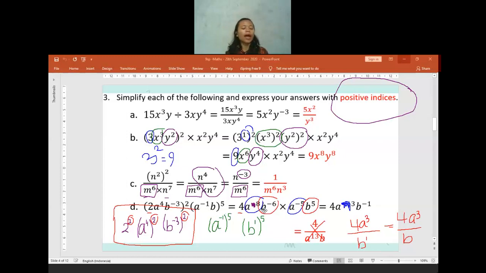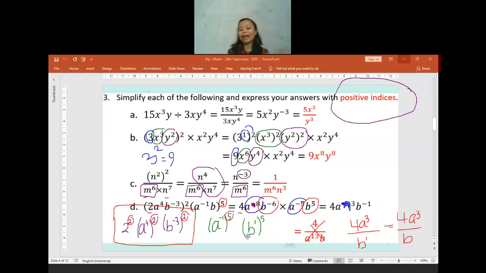For the second bracket, we follow the same thing. Everything inside the bracket will get the power. Now the second bracket says to the power of 5, so everything inside will get the power of 5. a to the power of negative 1 will get the power of 5.